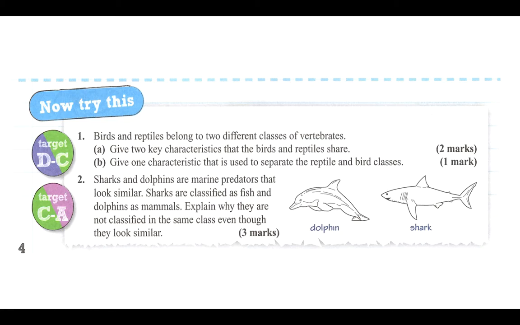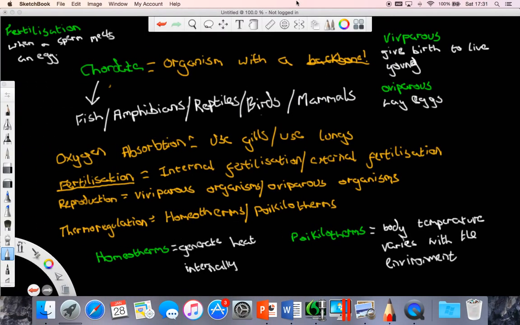Another mark for saying that sharks are fish because they have gills and are poikilotherms. And another mark for saying that dolphins are mammals because they give birth to live young and they are homeotherms. So, let's clean the board and move on to what I think are the final two sections.